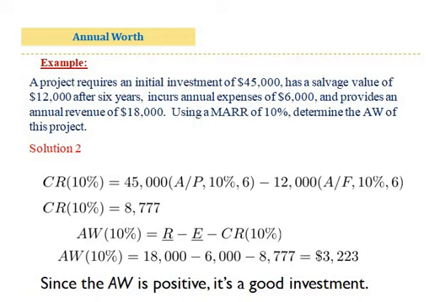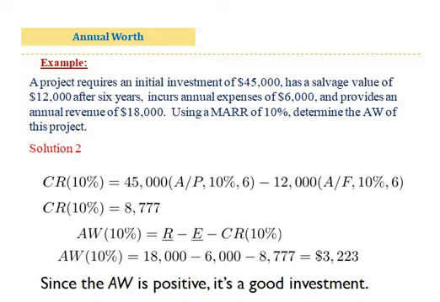Now, we will only use the capital recovery method when I tell you, because sometimes the question will ask you to get the capital recovery on its own. This is a representation of the distribution of the initial investment over the life of the project.